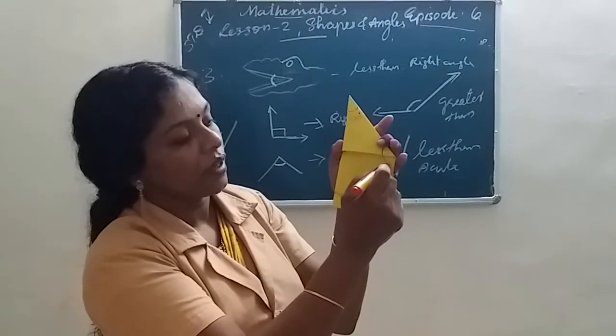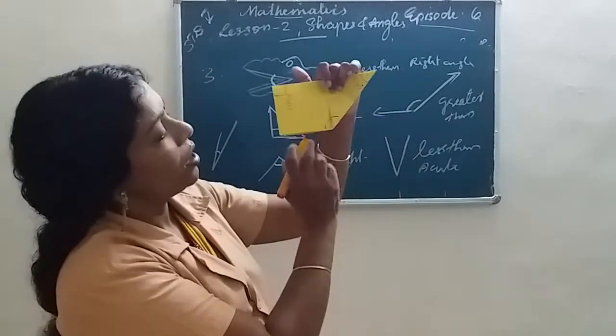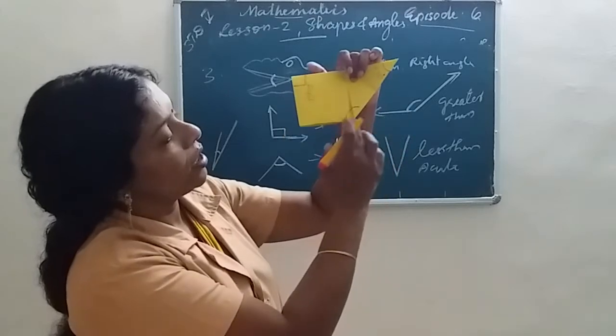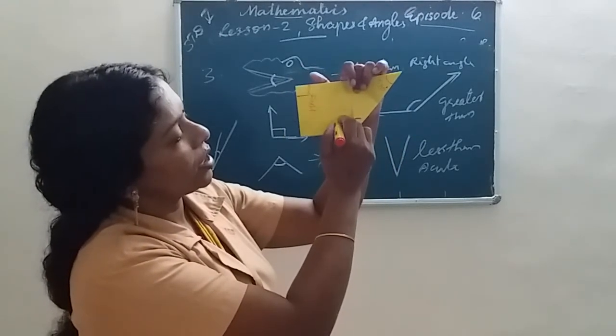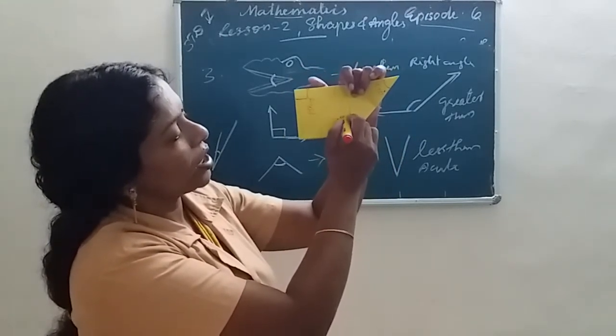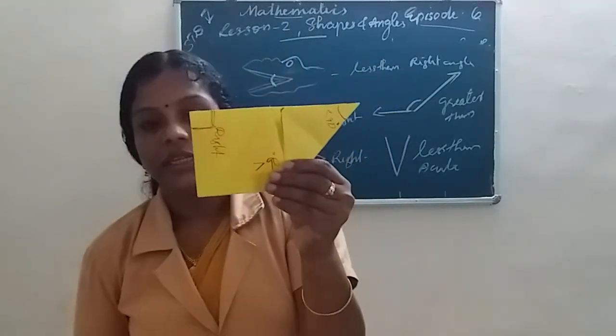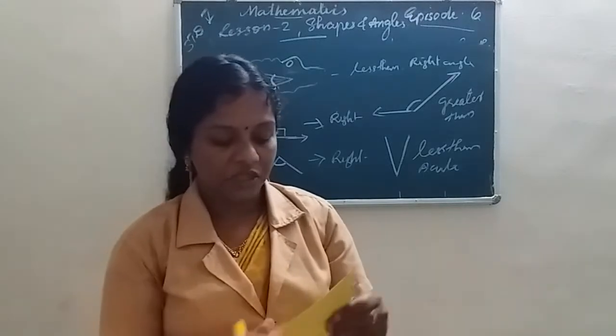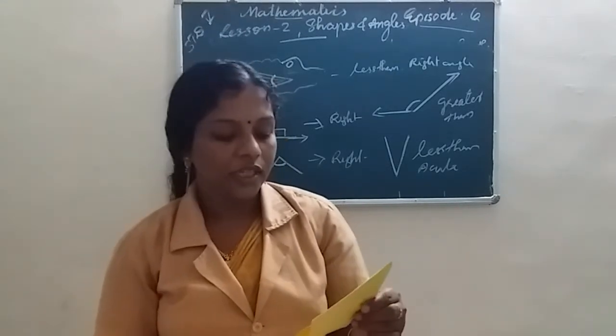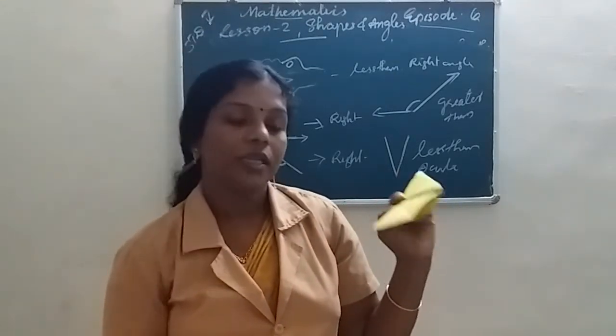That is this one. From here we got greater than 90 degrees, or greater than a right angle. So from a square piece of paper we got 3 types of angles in a single sheet of paper.